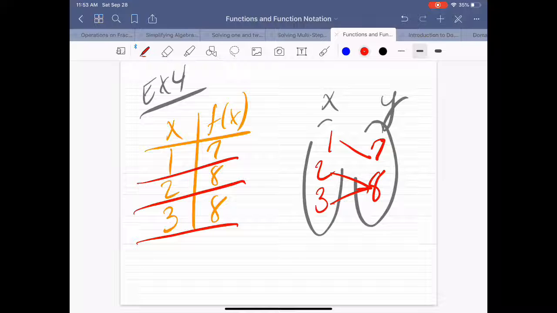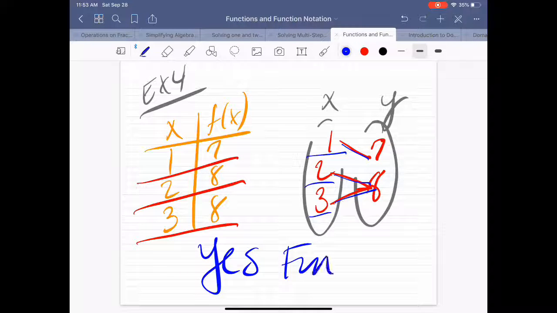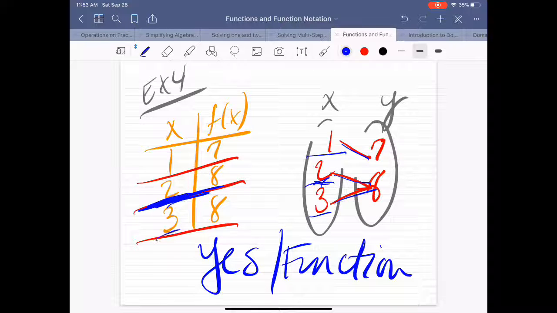So notice that each x value is paired with exactly one y value. So this right here is a function. Notice that both of these x values, x equals 2 and x equals 3, share the same y value, but that does not matter as long as each x value is paired with one y value.